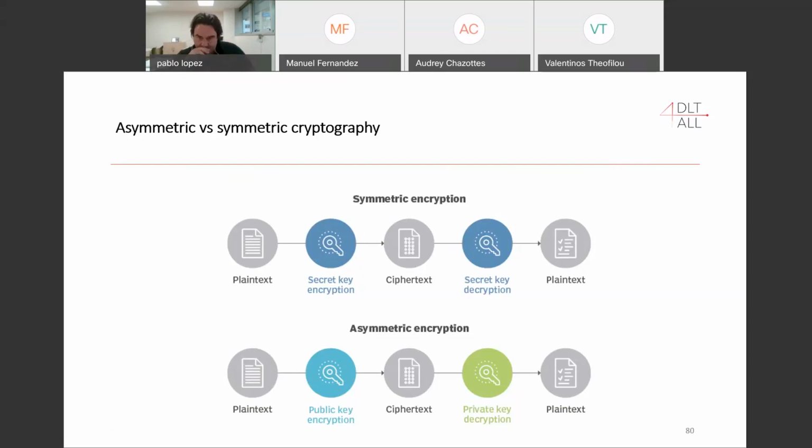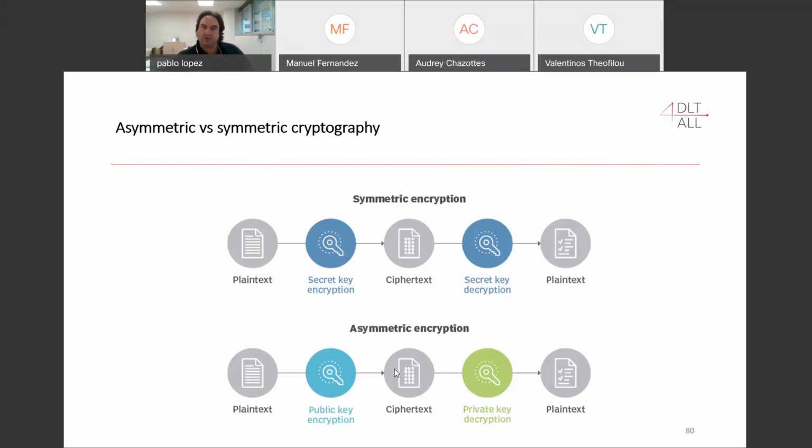But asymmetric encryption, the beginning is the same, this plain text, but here we can use a public key encryption. With this public key encryption, we convert it to a ciphertext.